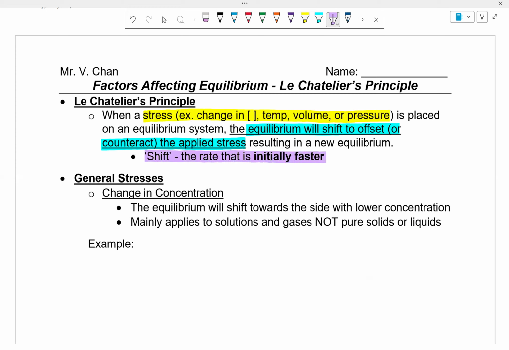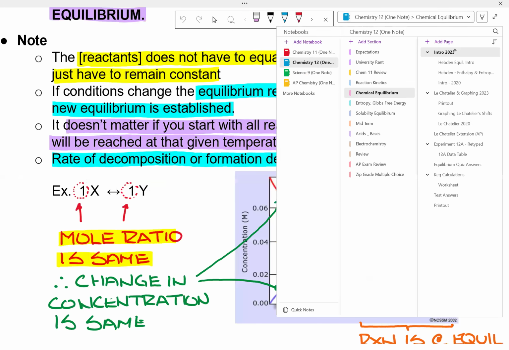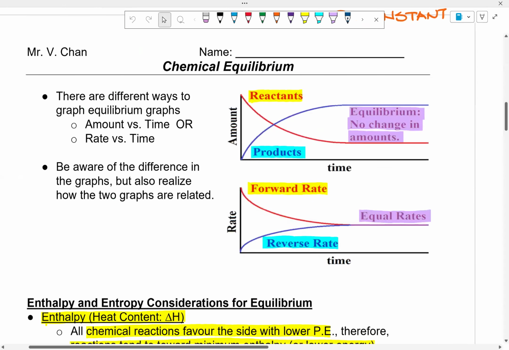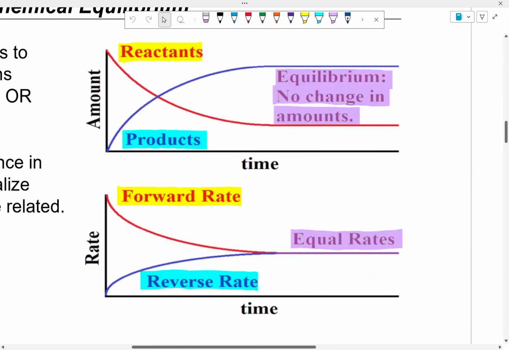Now, when we talk about the rate initially faster, it goes back to our notes here. Remembering in this particular case that for the reactants and the products, one is being used up and the other is being produced. And so what happens is there's a forward and reverse rate that's constantly changing.